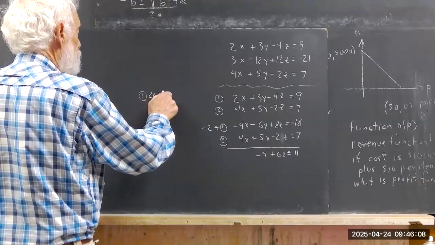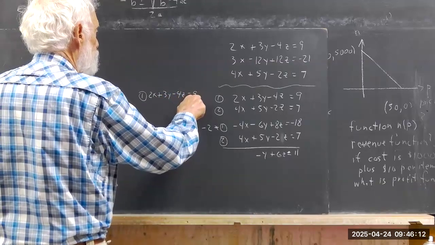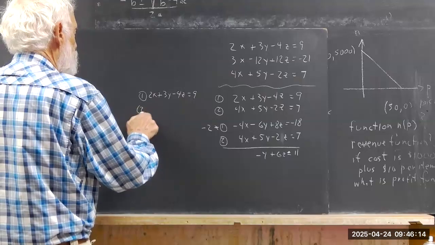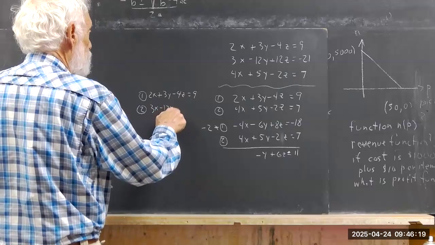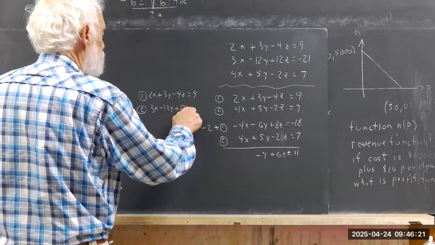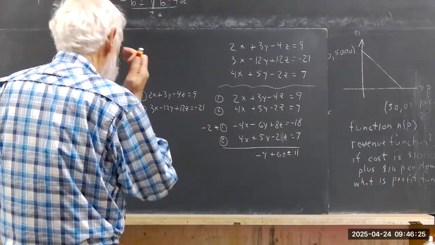We got 2x plus 3y minus 4z equals 9. The second equation is 3x minus 12y plus 12z equals -21.